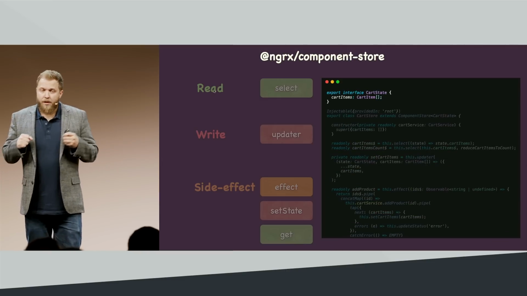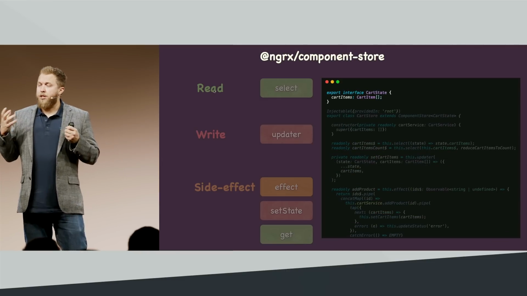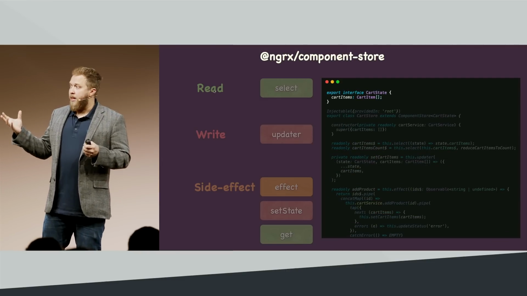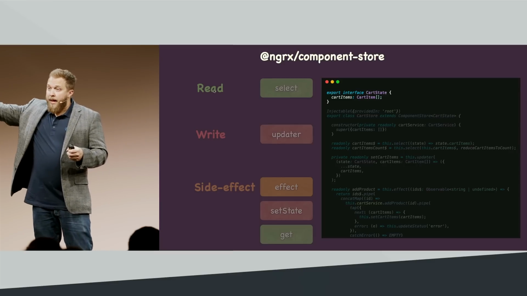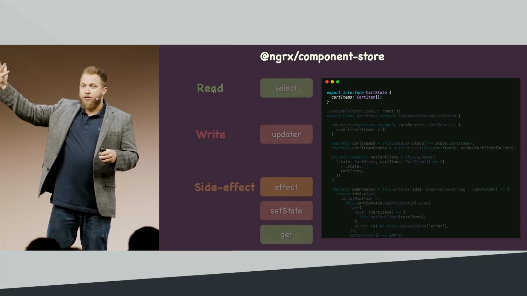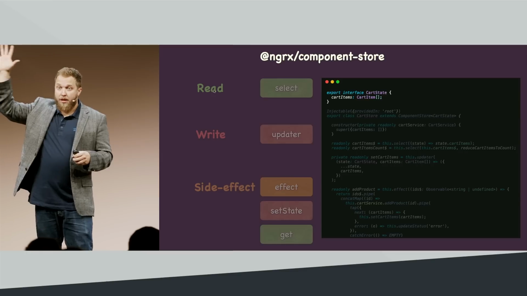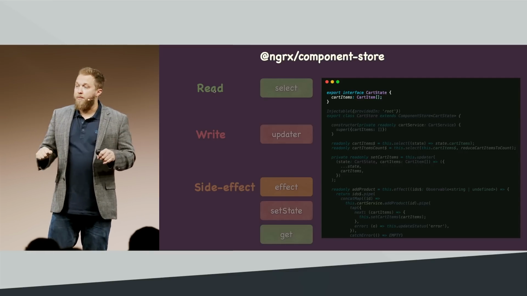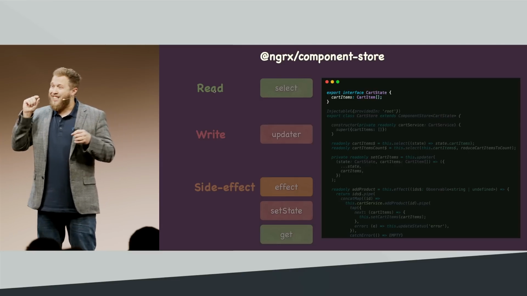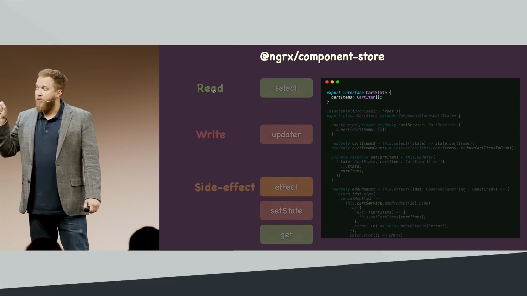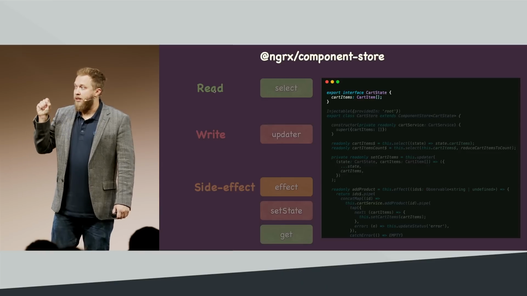The first thing we'll do is introduce the interface that this ComponentStore would be responsible for. Unlike the global store, which is a single source of truth, a single object, one large shared state, with ComponentStore you could have many, many component stores, but each one should be responsible for its own particular slice of state.